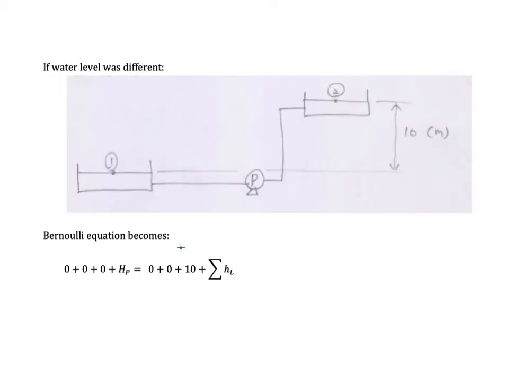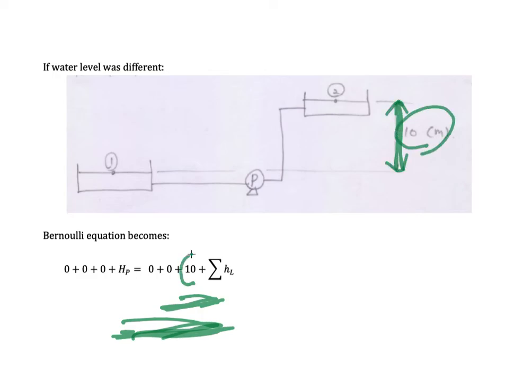And then if we have a situation where the water level is different, like this one, we still could solve the problem, but you start your calculation with the Bernoulli equation with the difference of elevation. So at the outlet here, the value of Z is equal to 10.